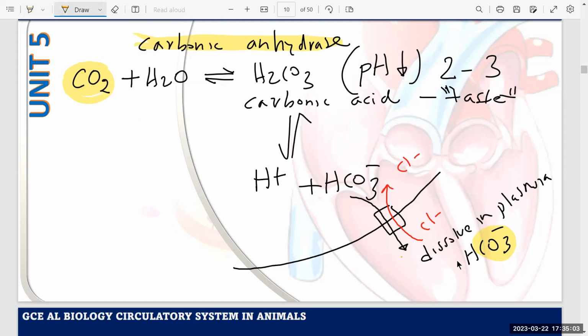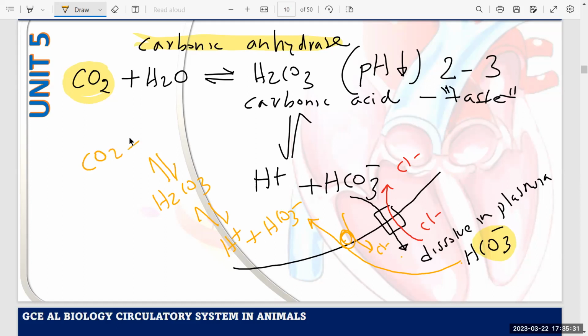The bicarbonate is going out from the plasma into the red blood cell, and chloride is going out. So bicarbonate now reacts with hydrogen ion to make carbonic acid. Carbonic acid further dissociates into carbon dioxide and water.